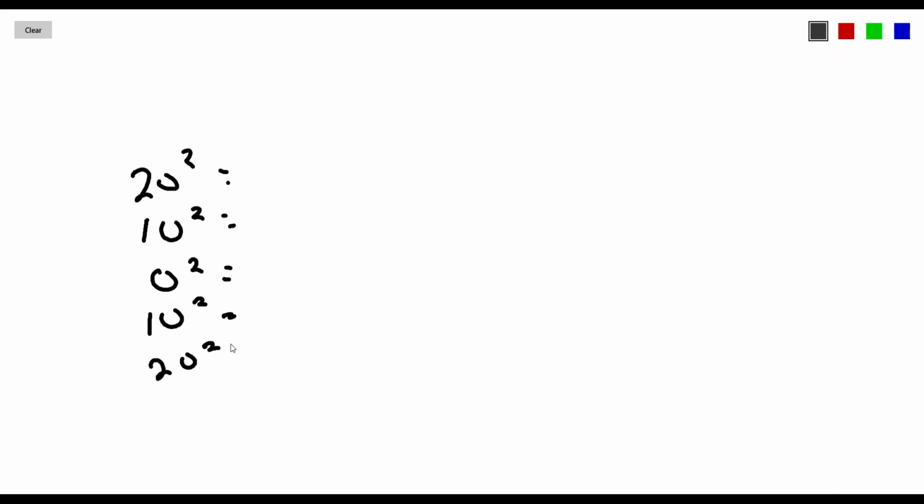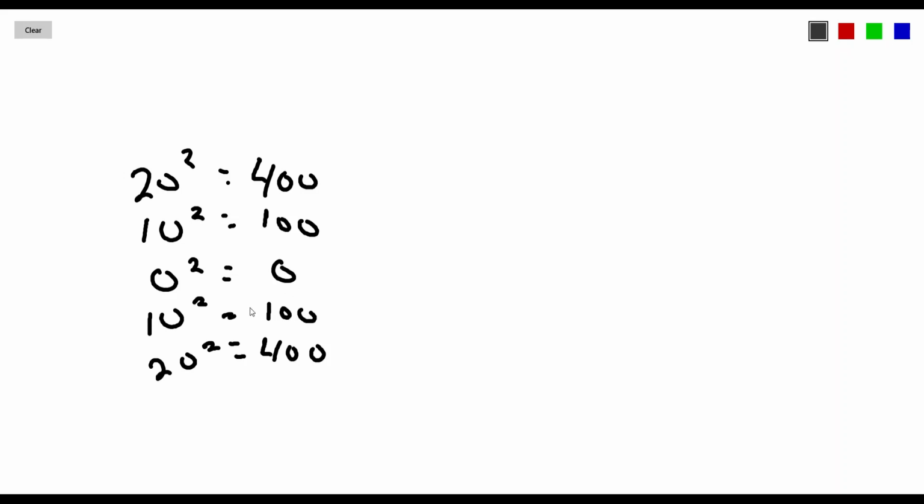So find the standard deviation. We're going to take those new numbers that we had in the new set, 20, 10, 0, 10, and 20. And we're going to square each of these numbers. So 20 squared will be 400. 10 squared is 100.